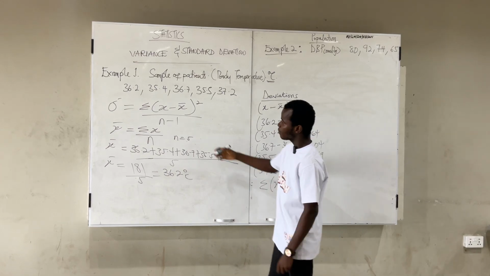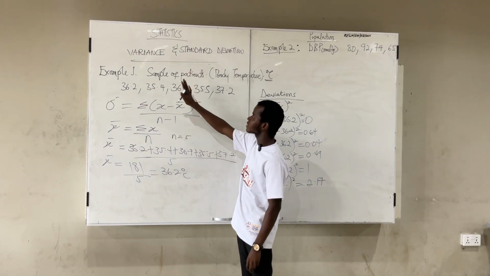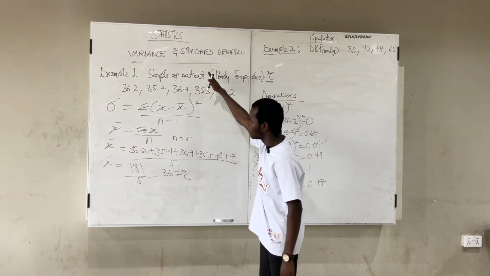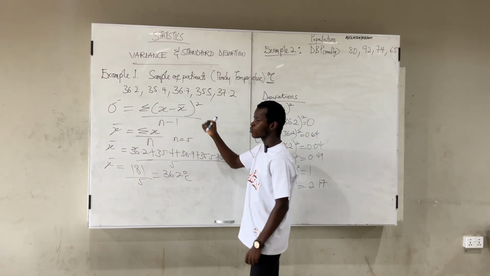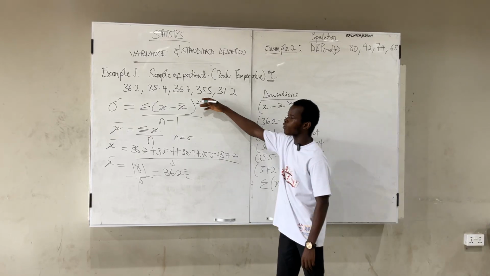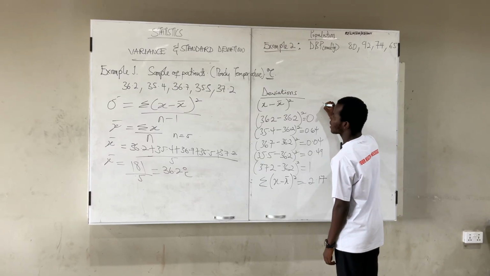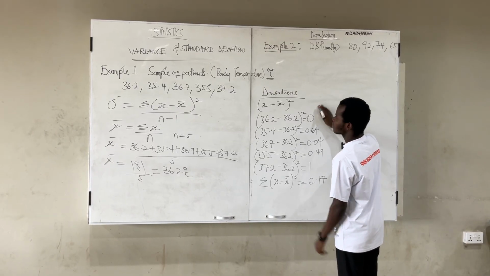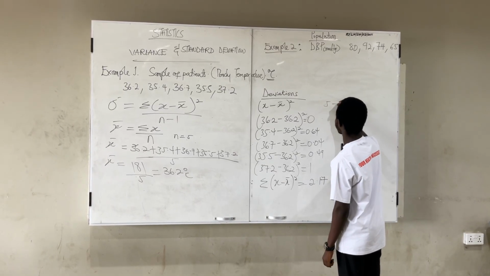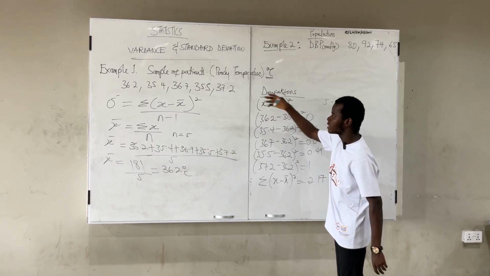Now, in the formula, we have n minus 1 for sample data, or sample of the patients. So n minus 1 means the number of observations minus 1. So n is 5, minus 1, which will give you 4. Now let's substitute everything into the formula.